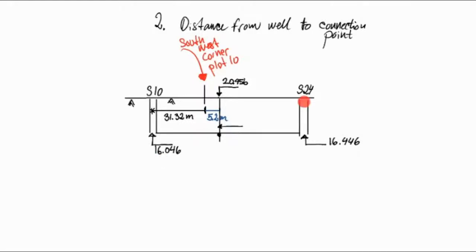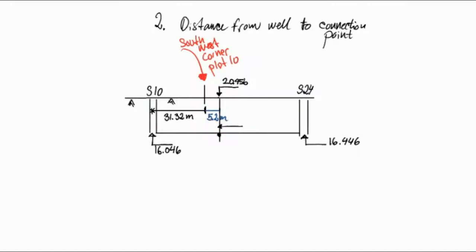Here lies well S24, and here's the bottom level of well S24. Here lies the distance from well S10 to the southwest corner of plot 10, and that is given in the exercise to be 31.32 meter. Here lies the southwest corner of plot 10, and the distance going east is given as 5.2 meter.